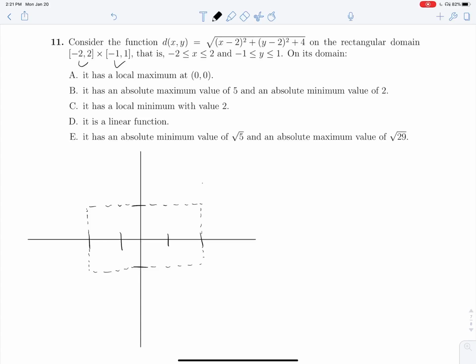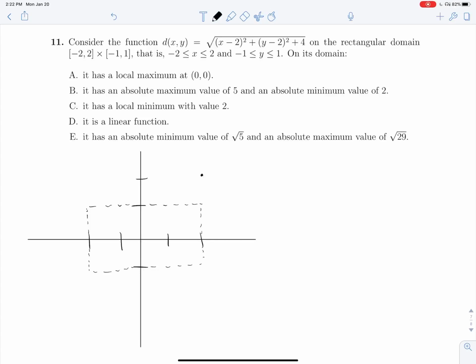So (2, 2) is going to be sitting right up here. Just to clarify, it does have a +4 in here, which is not part of the distance function, but this will still behave like a normal distance function: as we get farther away from the point, the value of d will increase. All it means is that this function cannot be less than 4. If we were sitting right on top of the point, we would still have a value of 4 under our square root. Okay, let's take a look at these answer choices.